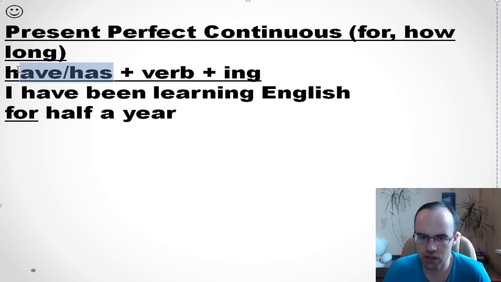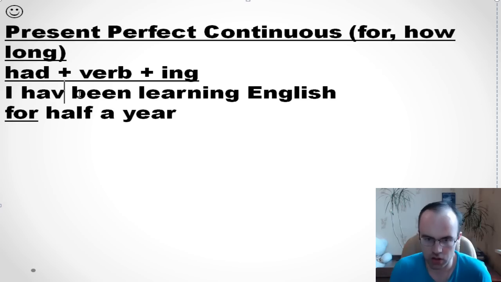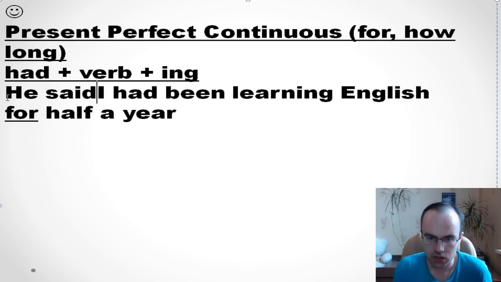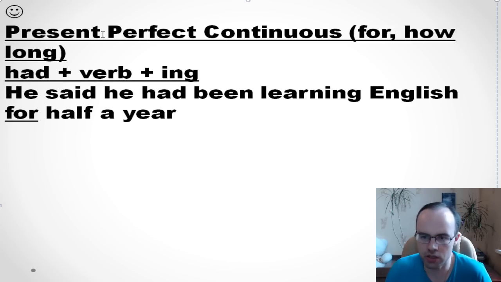But the difference is that instead of have and has, you have had, plus verb plus ing, and it's one time before. For example, he said, so he had been learning English for half a year.